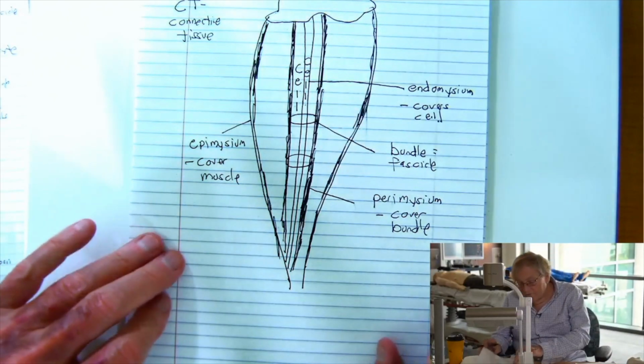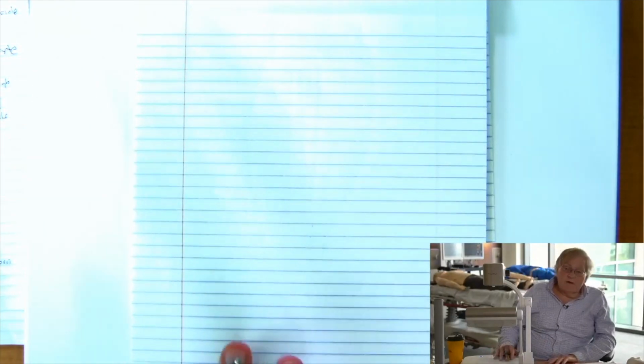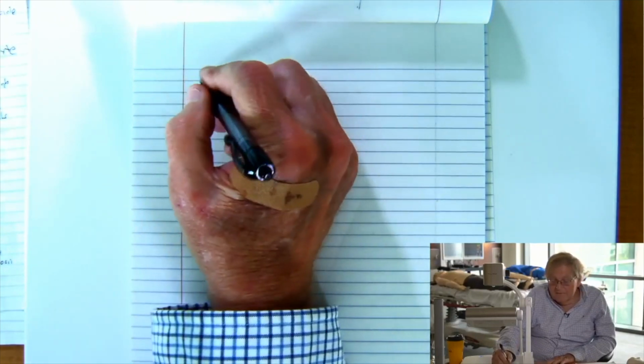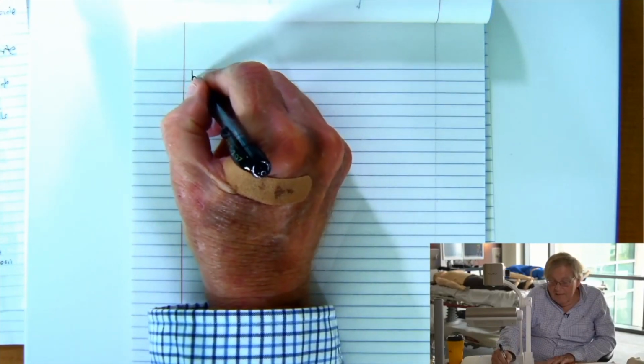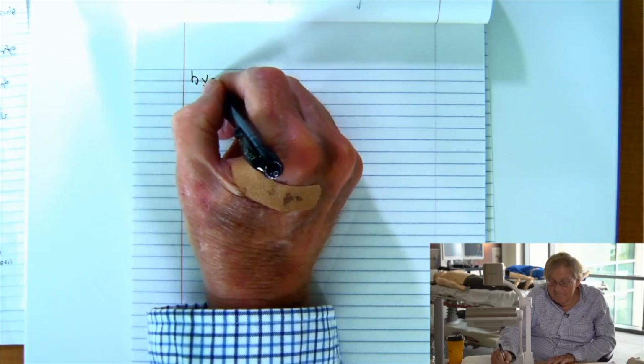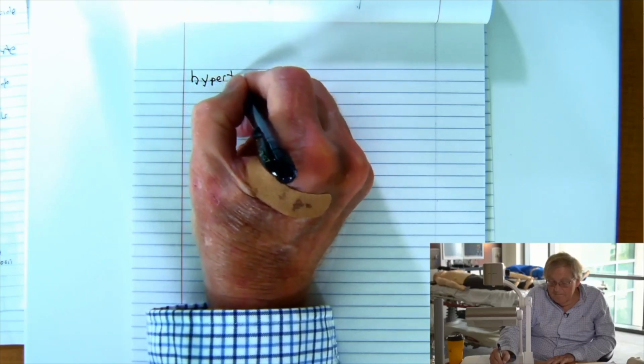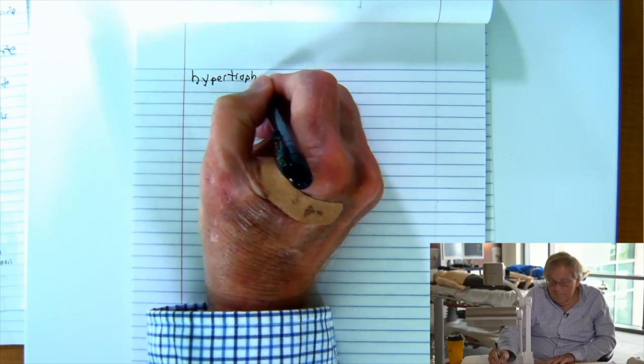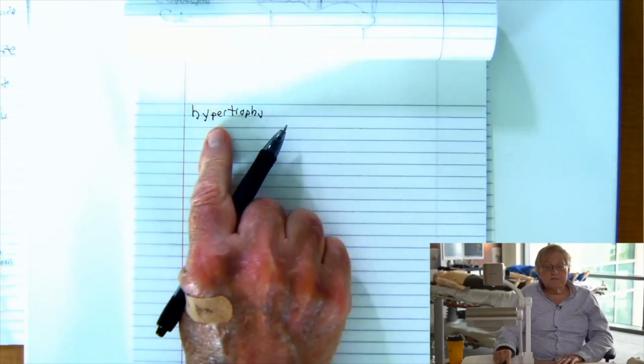Now, two terms that I think are always significant, whether you're talking about bones, muscles, organs, or cancer, are two words that I've probably talked about before. The first is hypertrophy. Remember, hyper means increase.